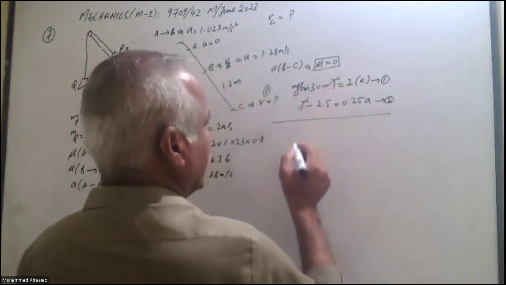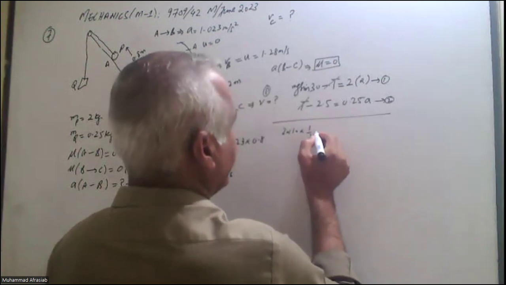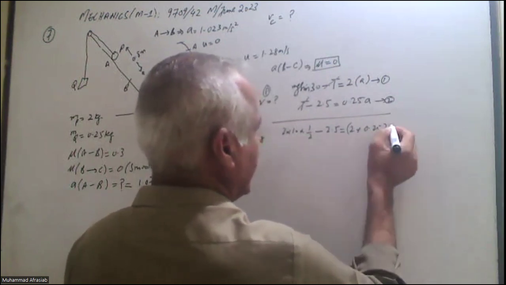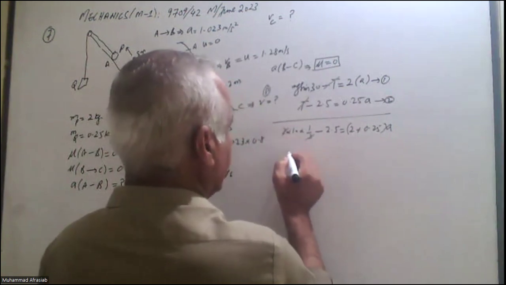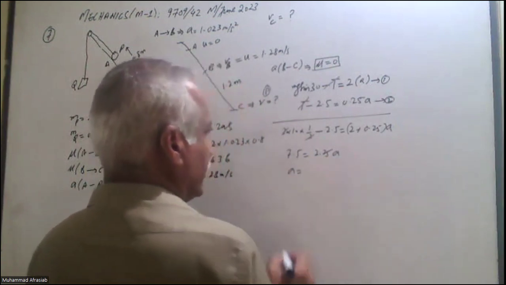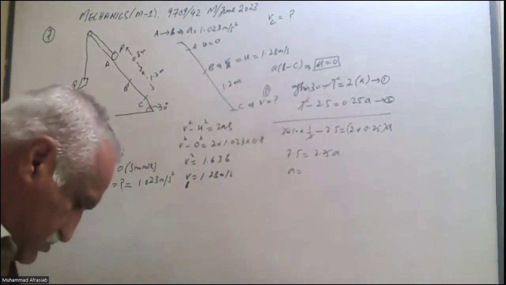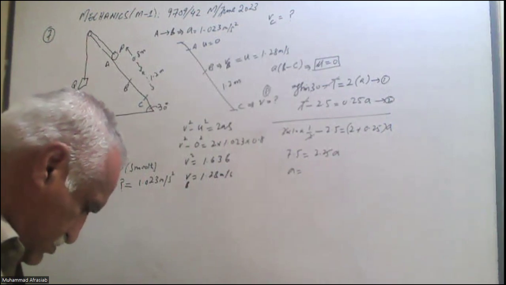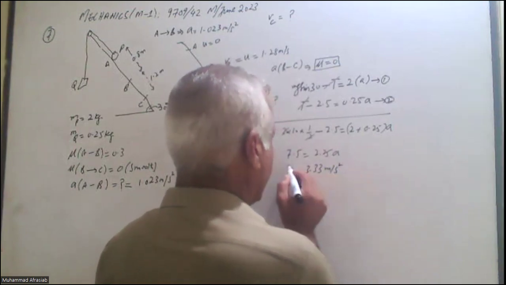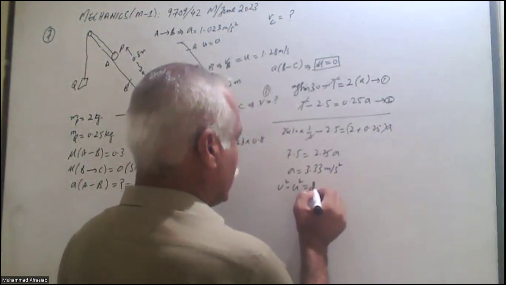Minus T and plus T will cancel out. The mass of that particle is 2, g is 10, into sine of 30 which is half, minus 2.5 is equal to 2 plus 0.25 into A. So 7.5 is equal to 2.25 A, or A from B to C is equal to 3.33 meters per second square.